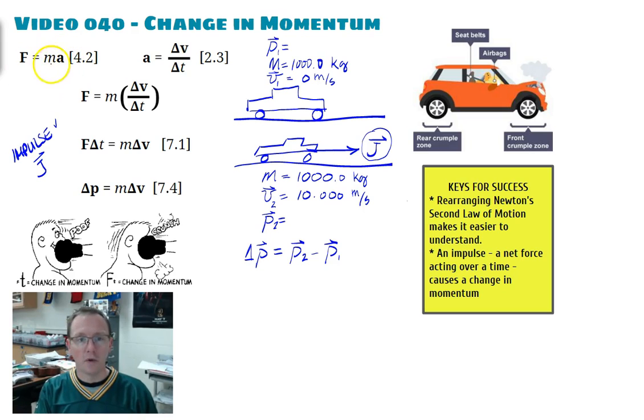It's often written this way though, just as a way to remember it, because it's a little bit easier to remember: F equals ma. It's not the way Newton wrote it, but that's the way it's easier to understand, I think, or to memorize. That's our formula 4.2. And we combined that here with the acceleration definition, which was the change in the velocity vector divided by the change in the time, which was our formula 2.3.